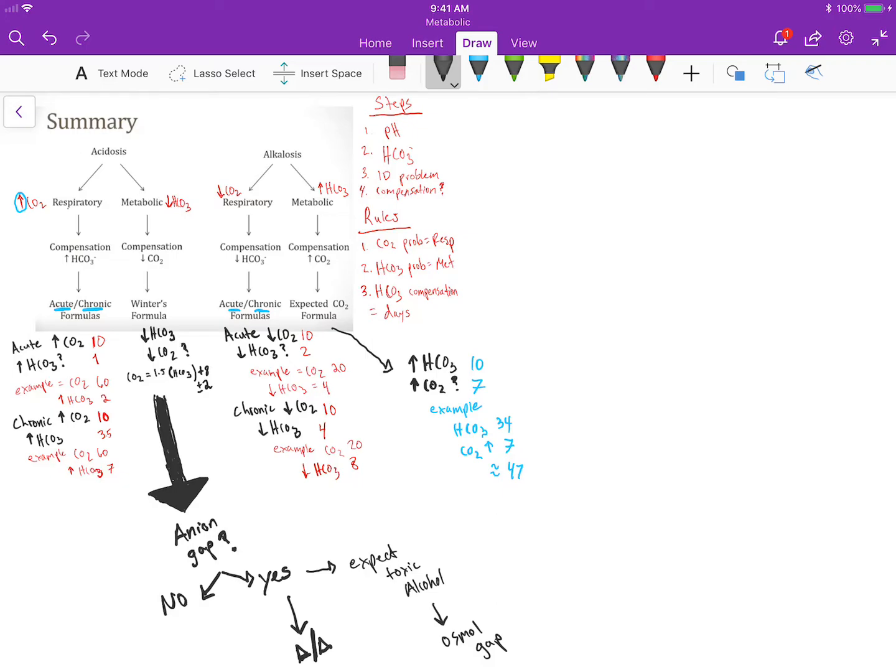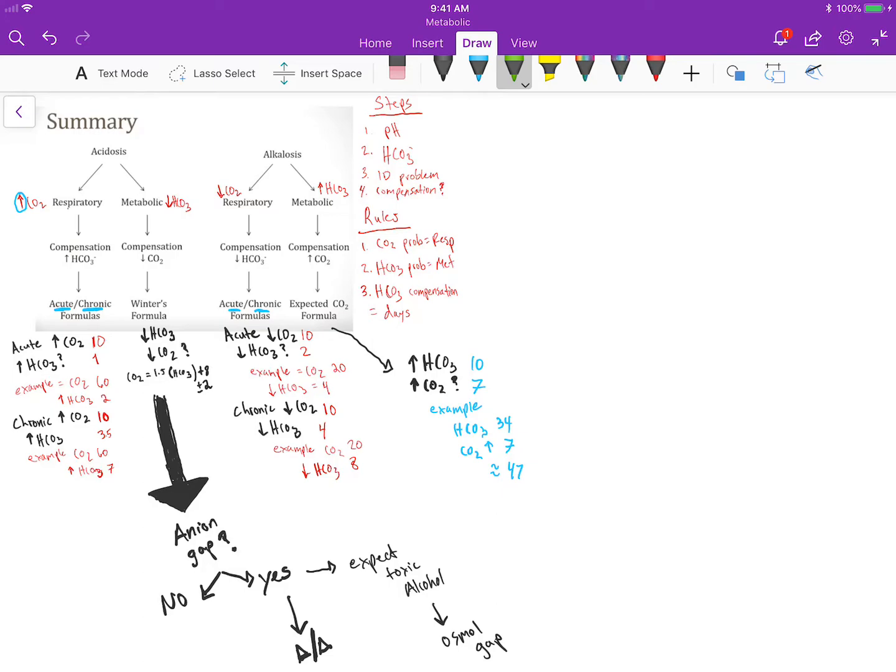The next thing is you can check to see if there's an appropriate CO2 compensation by using Winter's formula. That really has nothing to do with the anion gap versus normal gap acidosis at all. Winter's formula is only assessing whether or not we have an appropriate CO2 change, or whether we have a concomitant respiratory-only problem.